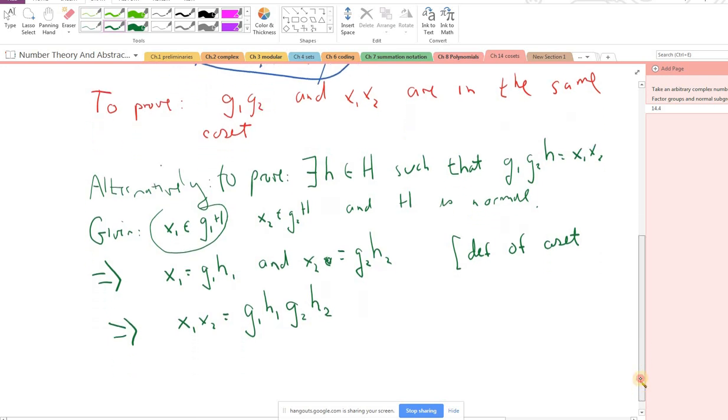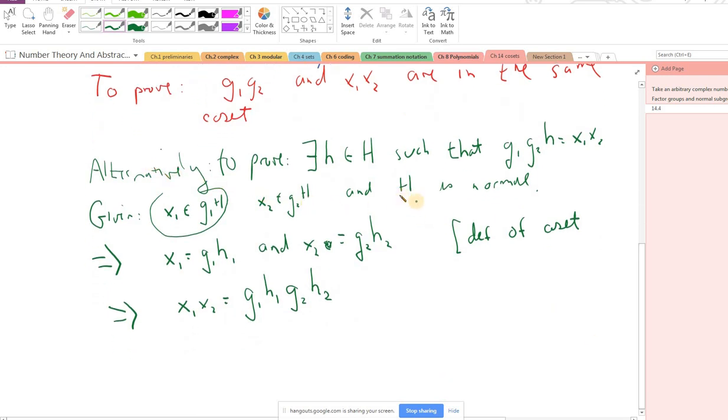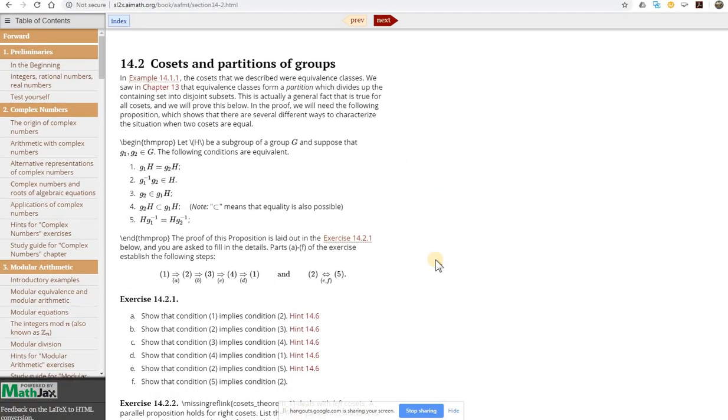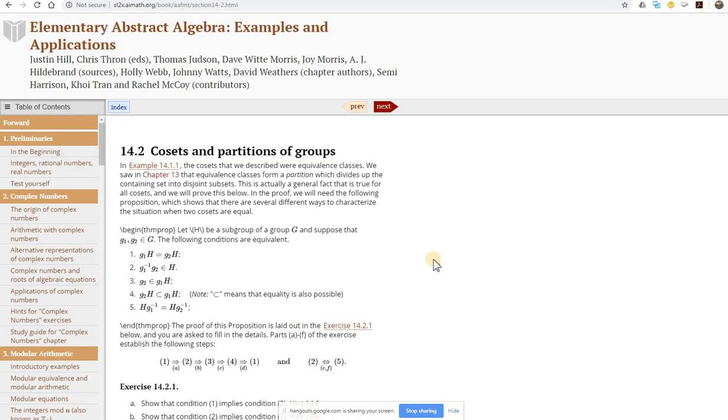Now we've used this, but we haven't used this. So what do you want to use from there? I guess, go back and see what we can use. H is normal means that we could rearrange them.